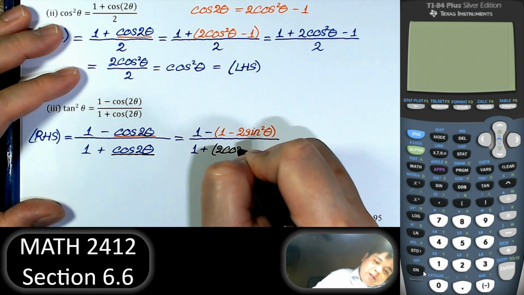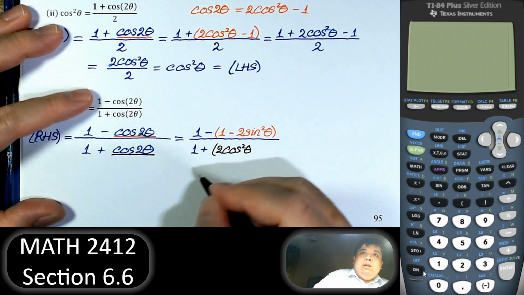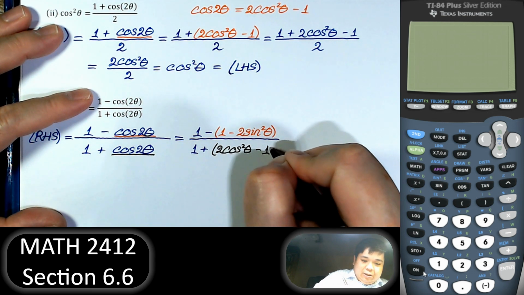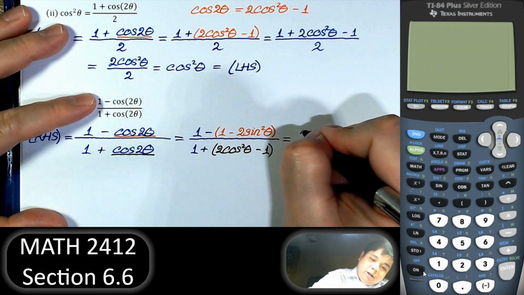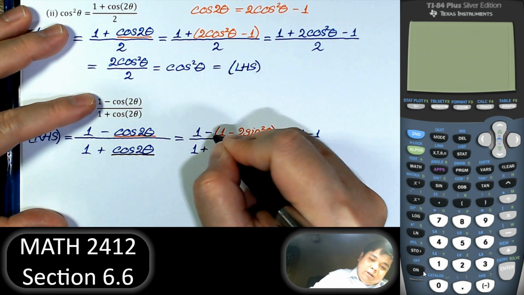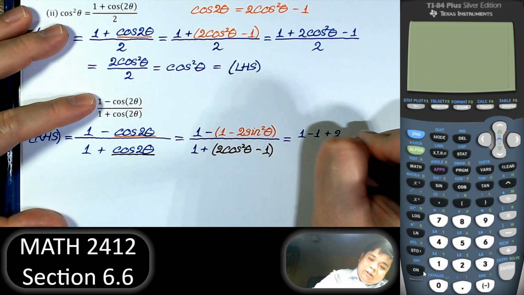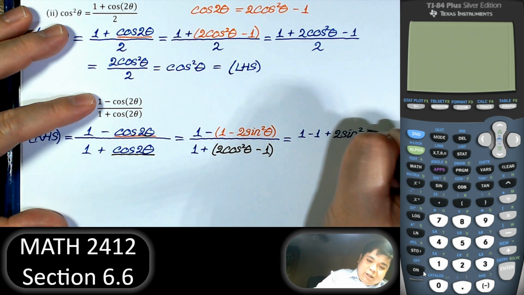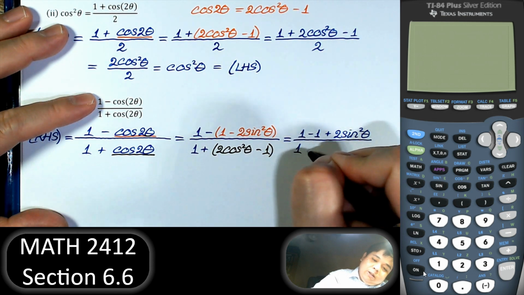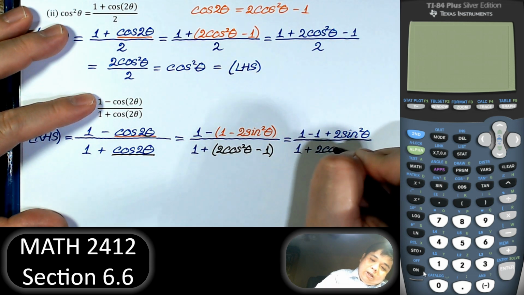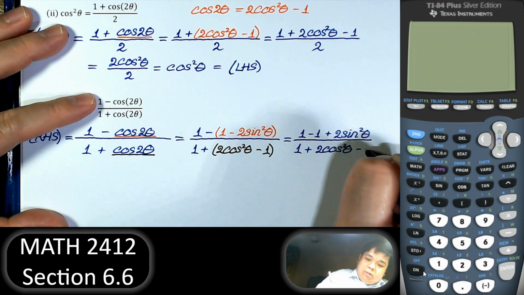2 cosine square minus 1. So 1 minus 1 minus negative 2 sine square over 1 plus 2 cosine square minus 1.